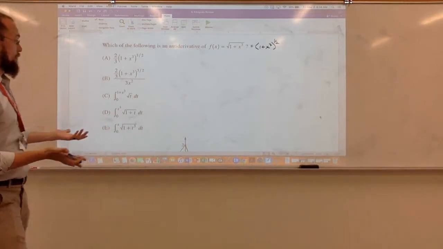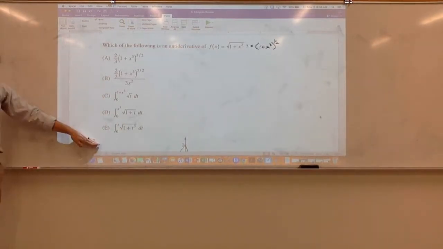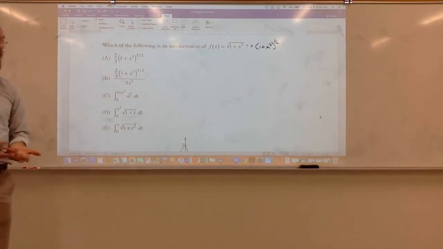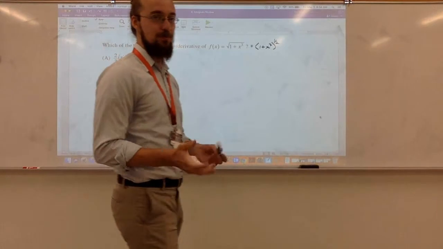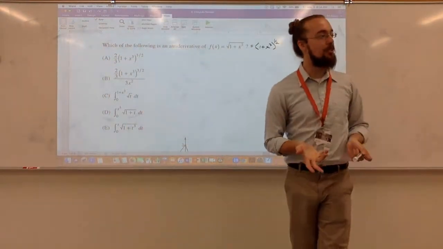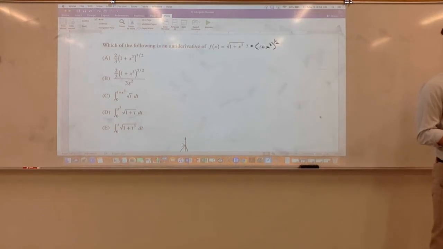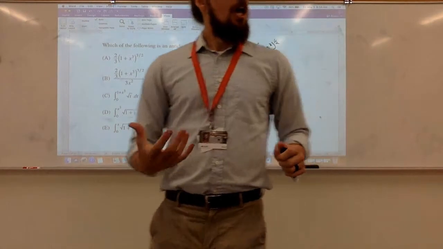So just looking at this, if you've got 3 choices that involve integrals and only 2 that are actual functions, odds are it's going to be one of the integral ones. So just using test-taking strategies like that, looking at the answer choices, a bunch of them are this, it's probably one of those.